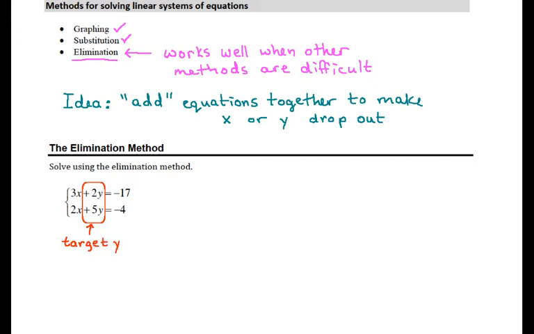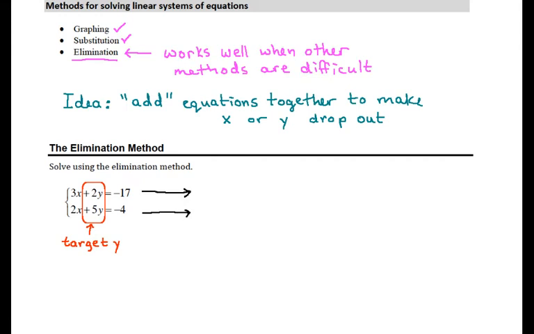What that means is I'm going to modify both equations by multiplying through by a number. That's the only thing I'm really allowed to do when I modify. I can multiply both sides of any equation by any non-zero number. I'm going to choose a number that's going to allow me to eliminate y when I add the equations together.